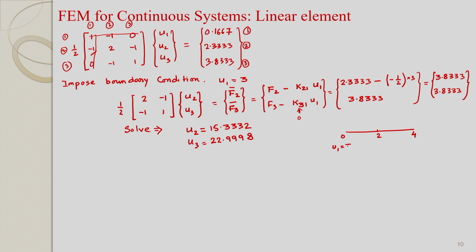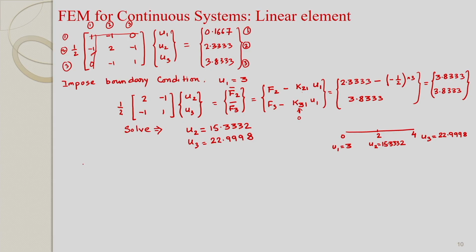U1 is 3, U2 is 15 point, and U3 is. Thus we know the value of the dependent variable u at 3 nodes.